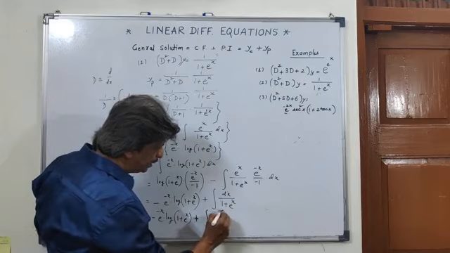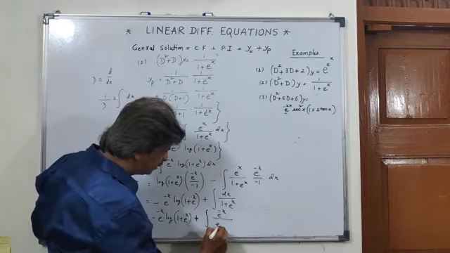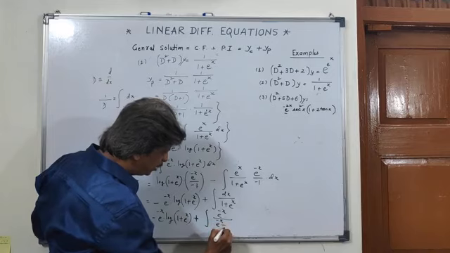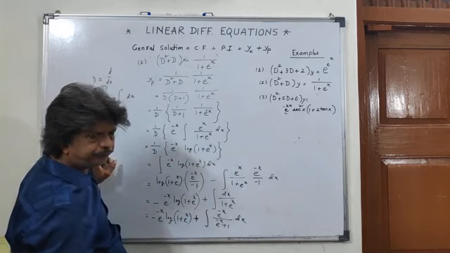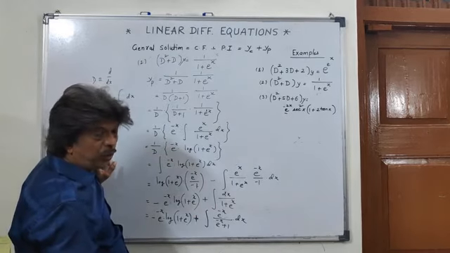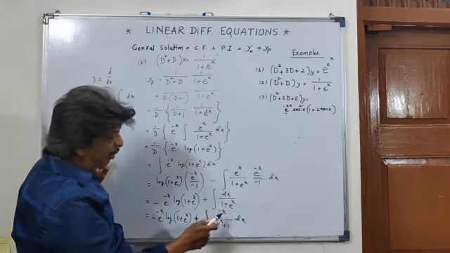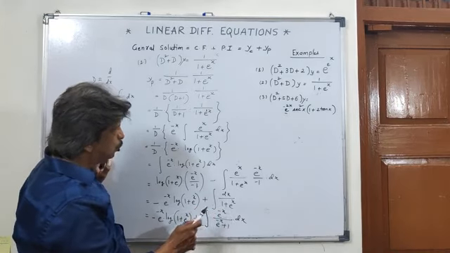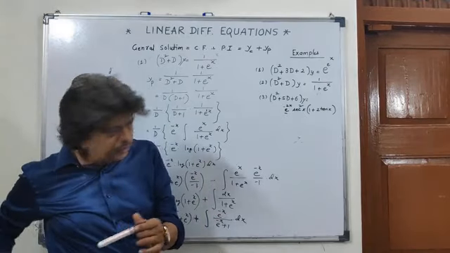So e to the power minus x I am multiplying in the numerator and denominator, e to the power minus x plus 1 into dx. What I did over here, I have multiplied the numerator and denominator by e power minus x. So due to this, what has happened to this function?